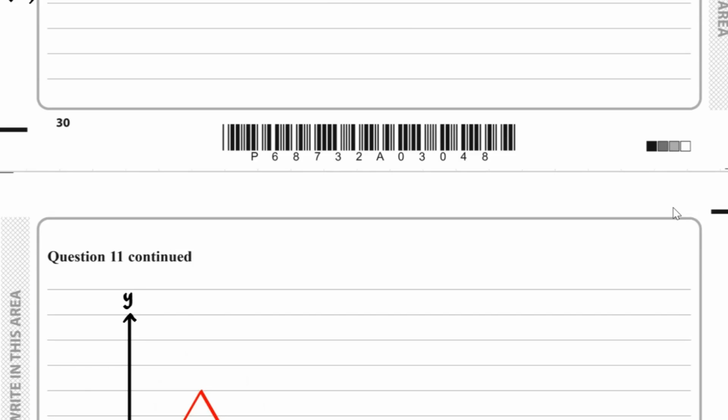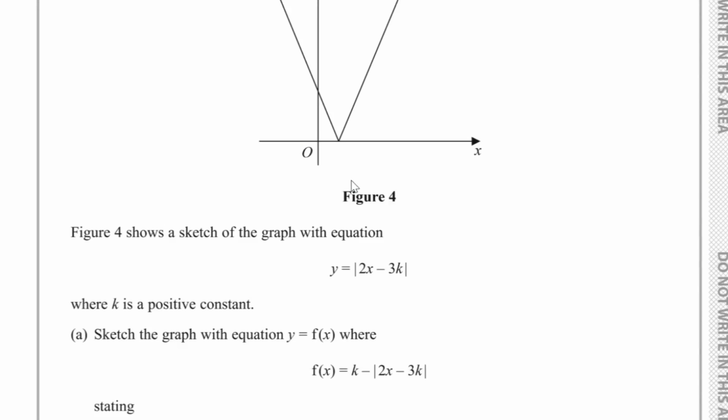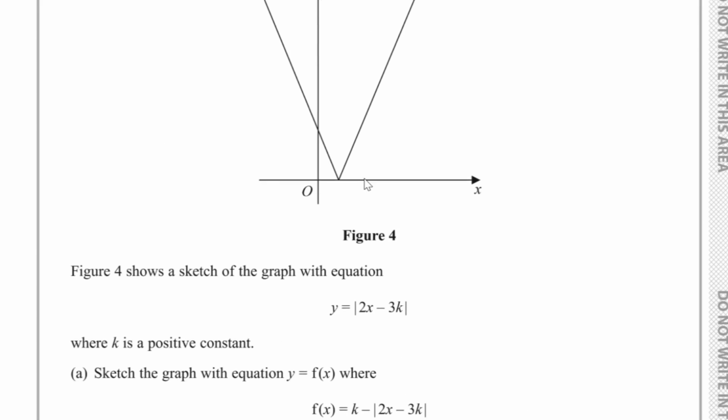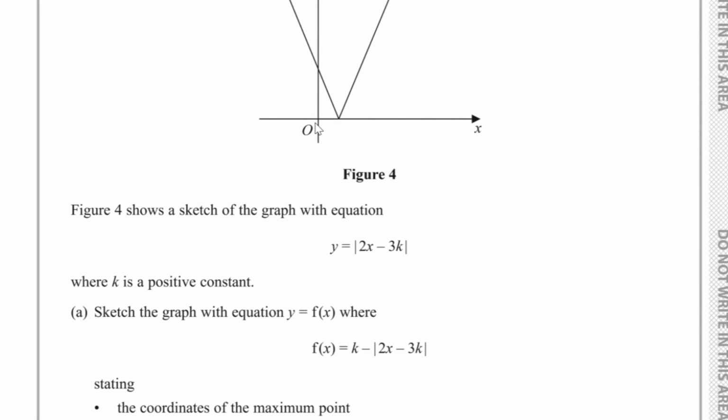Now if we go back to our original graph, the one that we see here, we can find the coordinates of the minimum point. Of course, we can spot that the minimum point would have coordinates 3 over 2 k, 0, and that's through the symmetry of a graph.